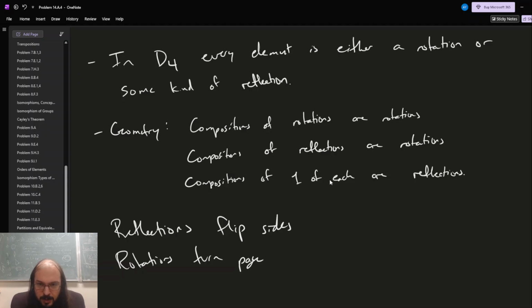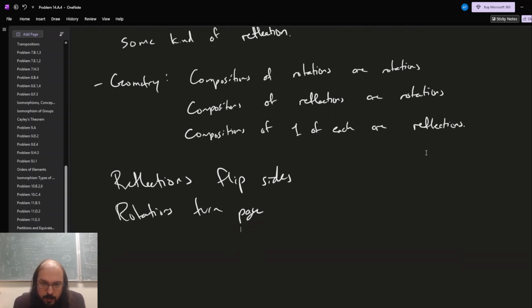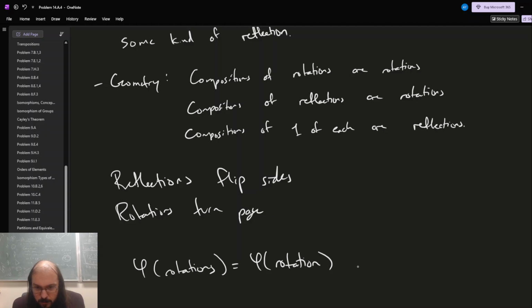And so let's translate this into what happens with our function. We'll call our function phi. Phi of rotations is the same thing as phi of some specific rotation, which doesn't flip. E.g., it's the identity element.